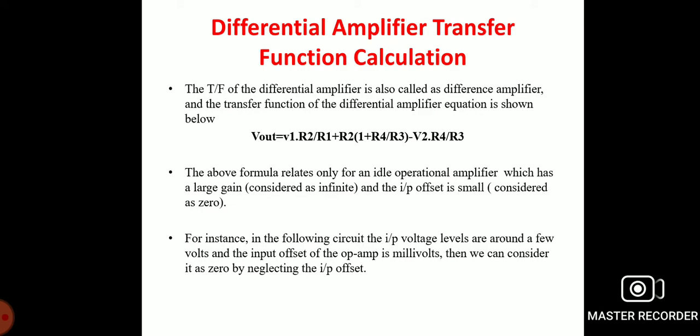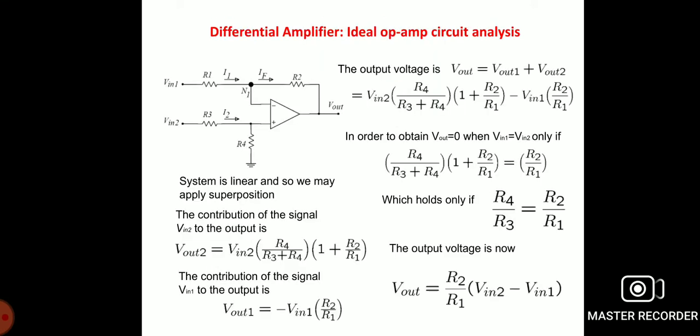Now we are going to discuss the ideal operational amplifier circuit analysis of the differential amplifier. Here we see the output voltage. Since the system is linear, we may apply the superposition theorem. The contribution of the signal input voltage 2 to the output is V out 2, equal to V2 into R4 divided by R3 plus R4, into 1 plus R2 divided by R1.